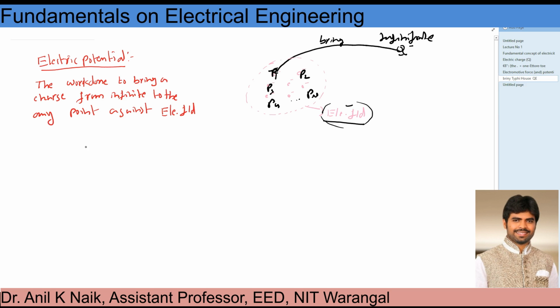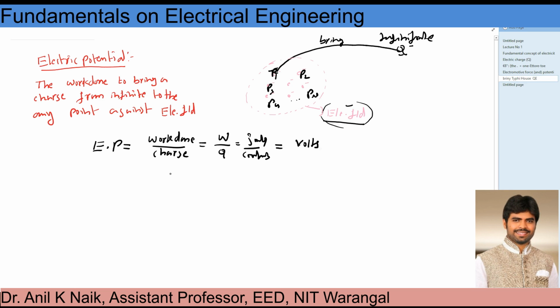And this electric potential can be defined as the work done per charge, that is work done W by Q, joules by coulombs, and this can be written as volts.